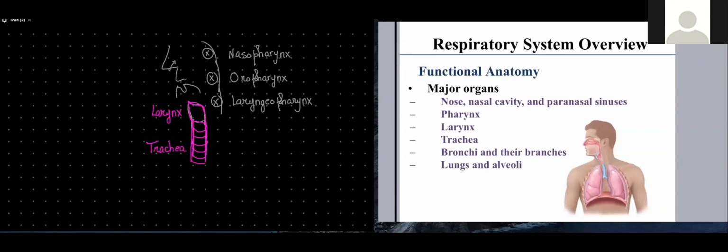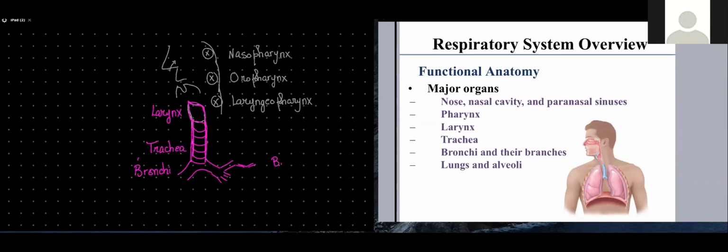And then the trachea branches into the bronchi, and keeps branching into much smaller branches.